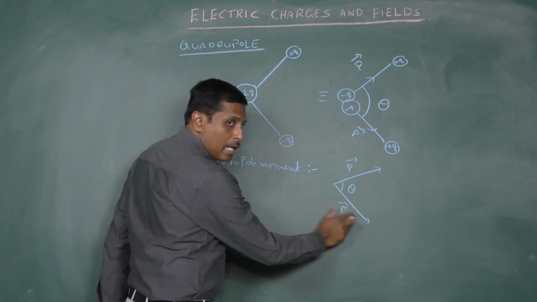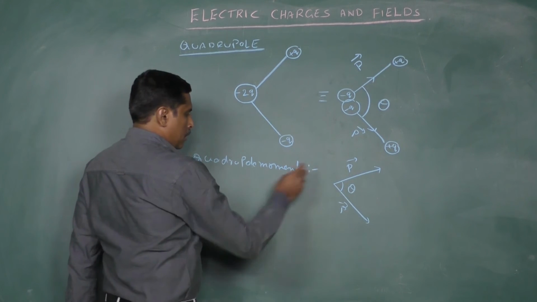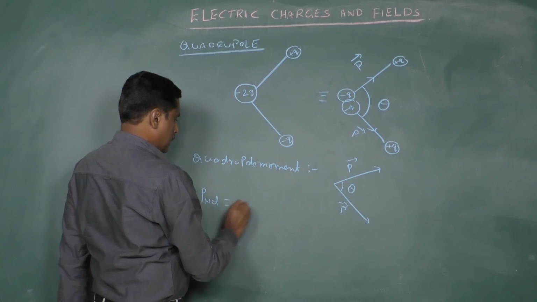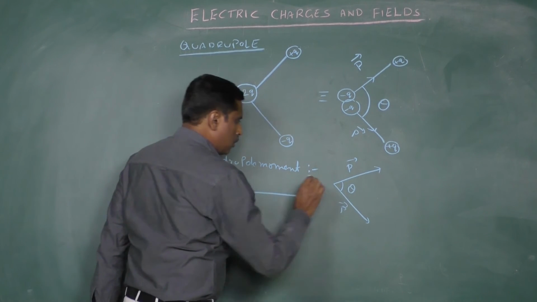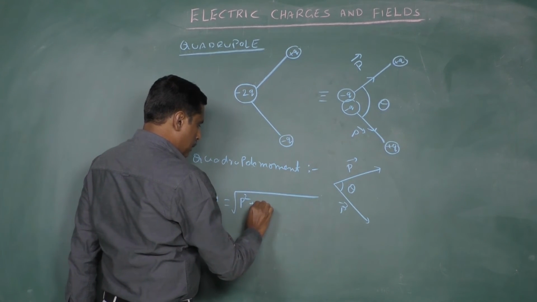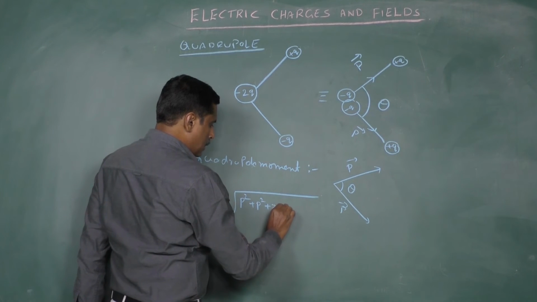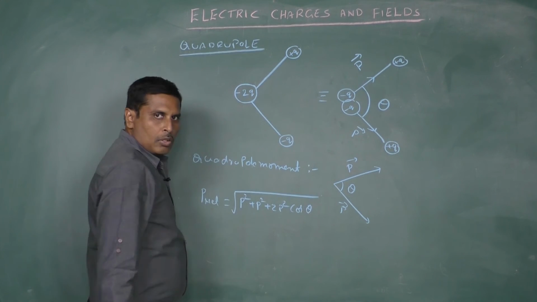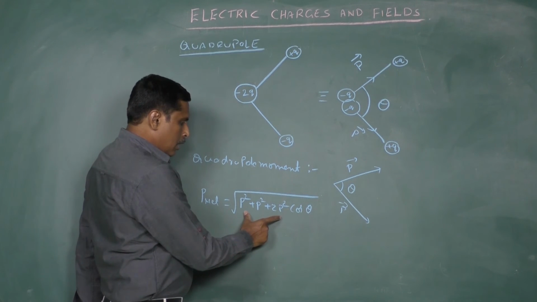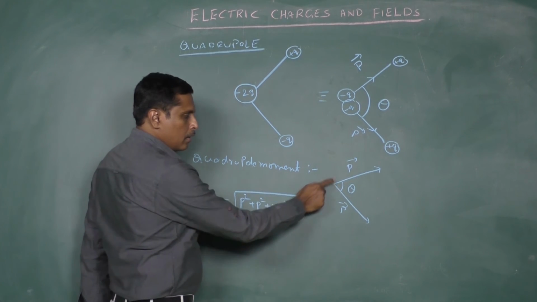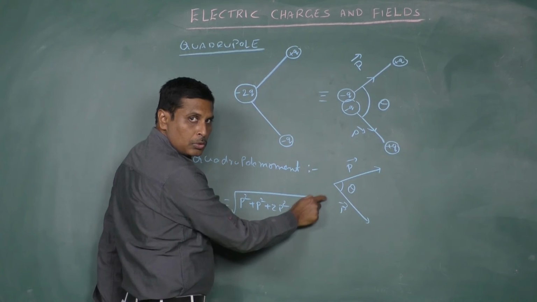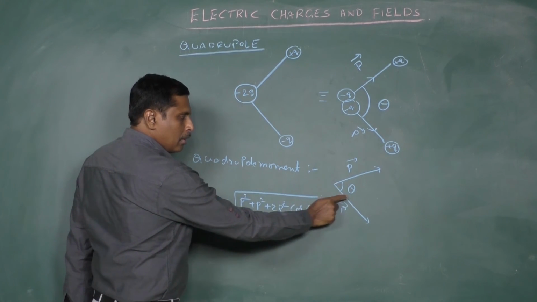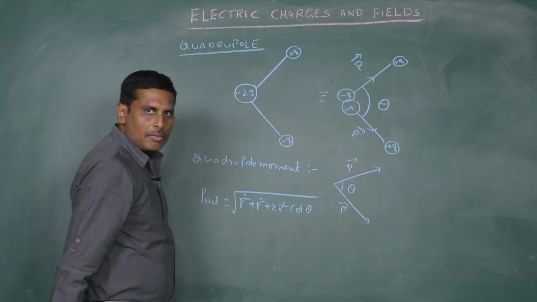Now, the net dipole moment can be found as P net is equal to square root of P square plus P square plus 2P square into cos theta. We can use the parallelogram law of vectors to find the resultant of these two dipole moments. Here the dipole moments are equal but are making an angle theta with each other.